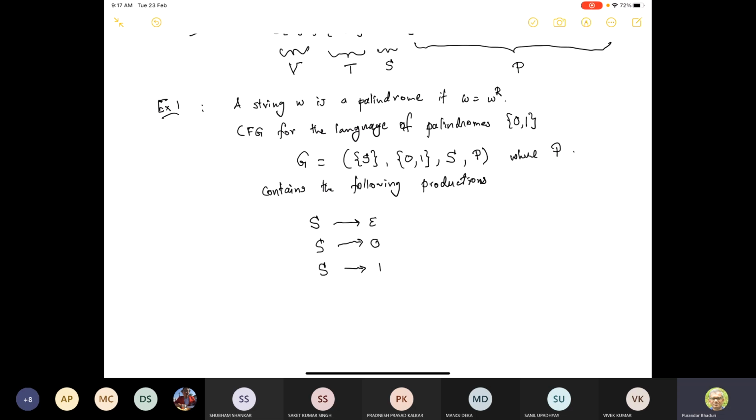Those are palindromes. So these are the base clauses. And then the inductive clauses are, if you have a palindrome S, then adding a 0 at the front and end will give you another palindrome.